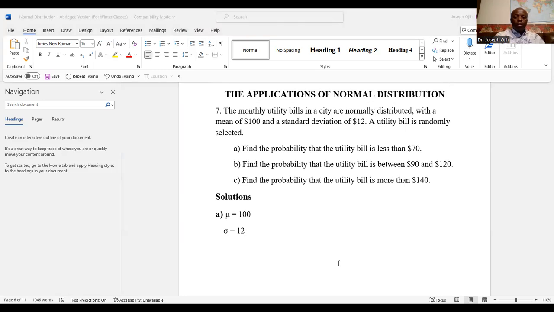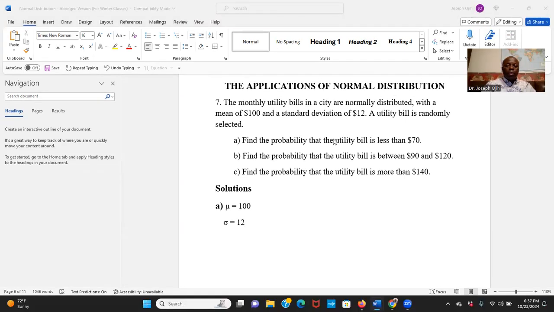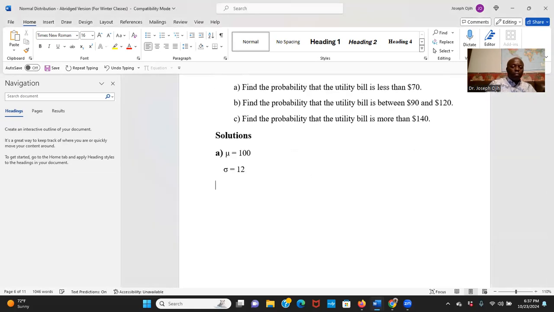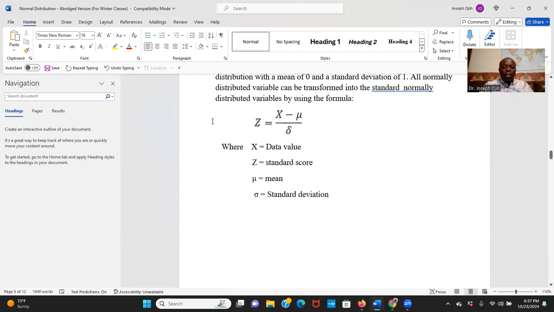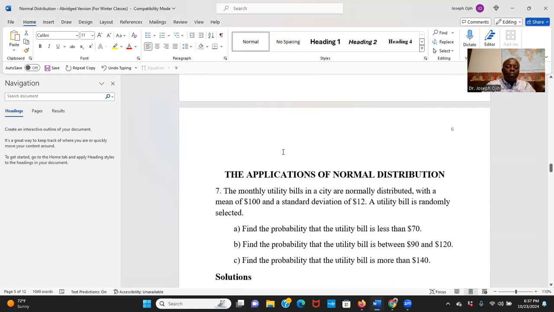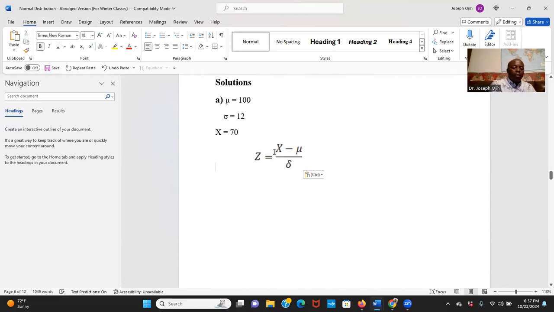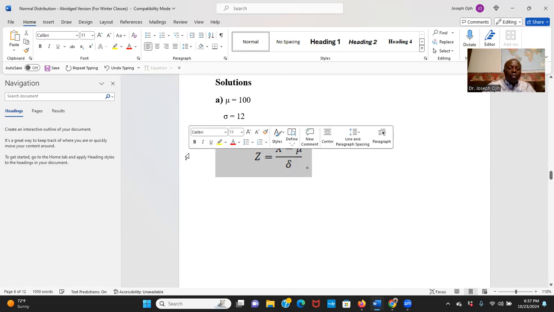probability that the utility bill is less than $70. So in that case, our X will be $70. We're going to transform this using this formula here. I'm going to copy this formula so we can see how we can use it to transform this. All we have to do now is plug in the values that we have.